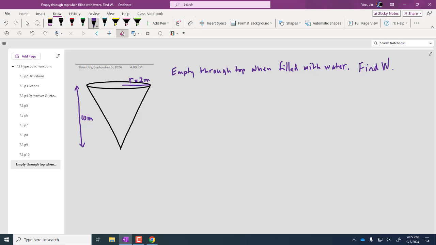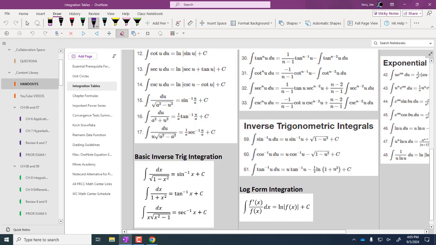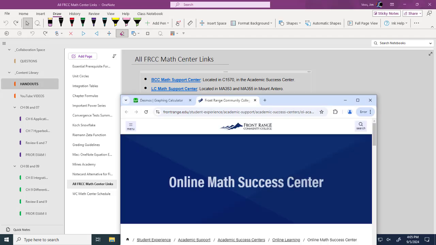Jim, you're kind of in charge of the Math Center stuff, right? Yes. I see your email and stuff. When I went by today, this is the first time I saw this. Oh, the Online Math Center? Yeah. Do you all know about the Online Math Center? If you've perused our OneNote here, down here are the Math Centers. There's a Math Center at each campus, including the Online Math Center. If you click right there, when you're not in draw mode, this will open up the Online Math Center.